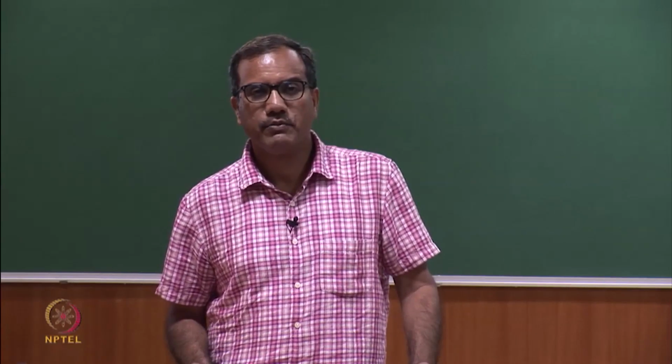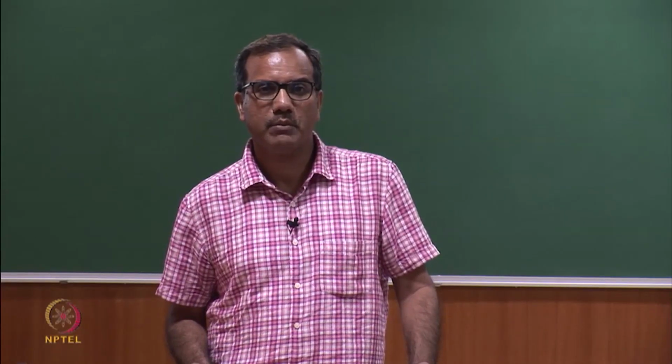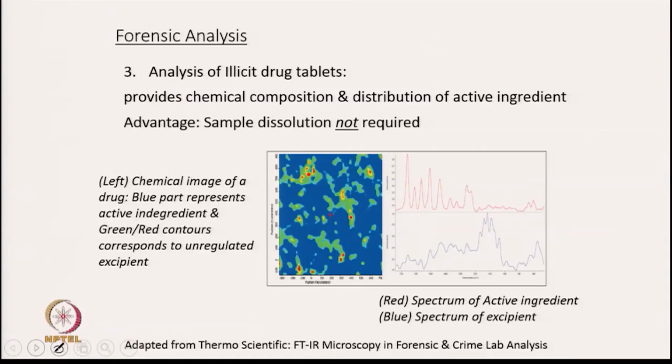FTIR can also be used for analysis of illicit drug tablets. It provides the chemical composition and distribution of the active ingredient, and here sample dissolution is not required. So, this is your chemical image of a drug.